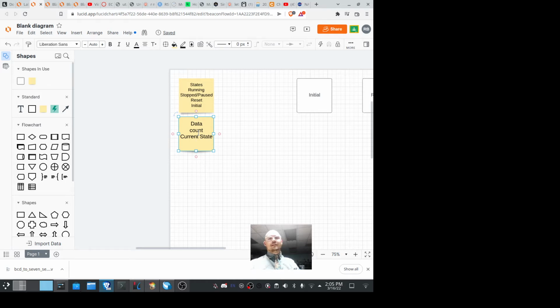Well, current state, we also want to know probably whether or not we've started, stopped, or reset. I guess that goes under current state as well. Do you mind if I break that out into start, stop, and reset? Start, stop, reset. I think that's what you meant, right? Yeah. Okay. So that's about our data there: count, start, stop, and reset. Trying to think if there's anything else there might be, but we'll come back to it if there is.